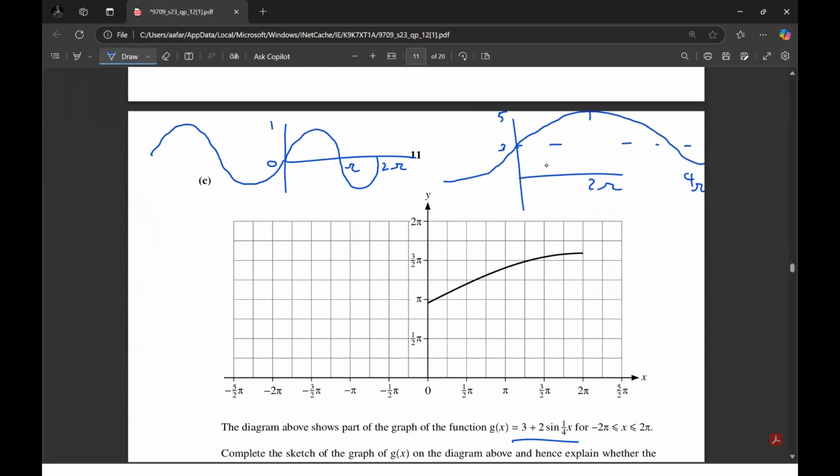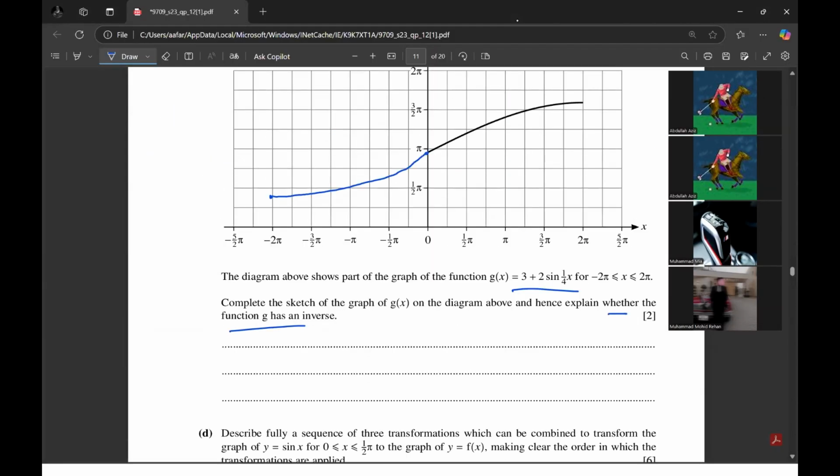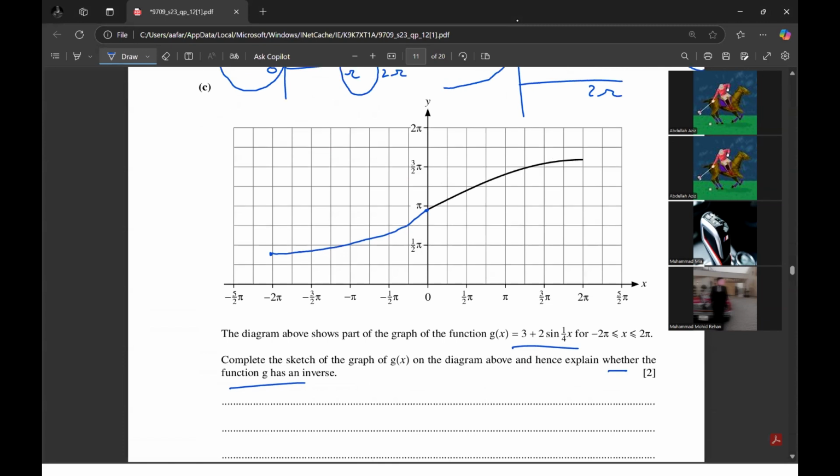It starts from here and ends at some point over here. Just sketch this graph, something like this. Again we have a timer, so let me end the meeting and start again. So this is the sketch of the graph.